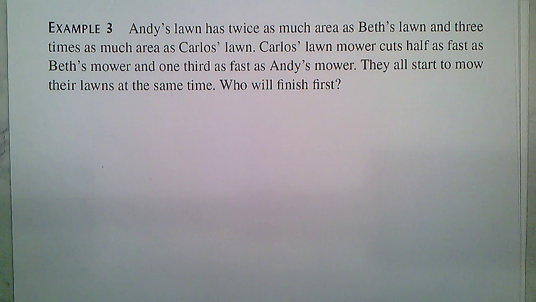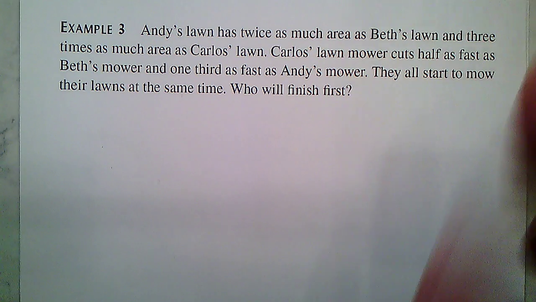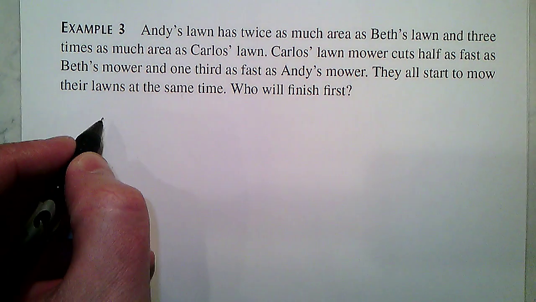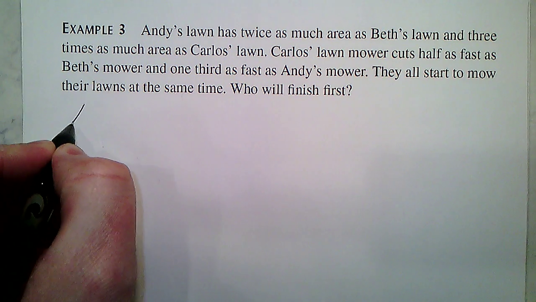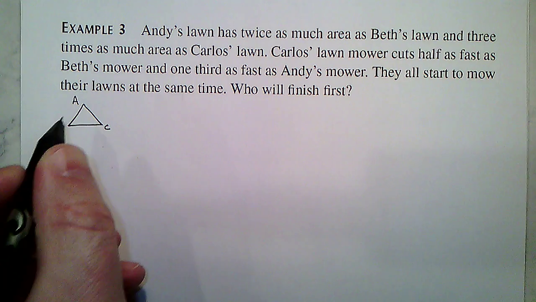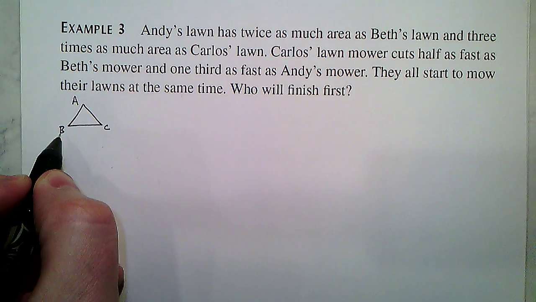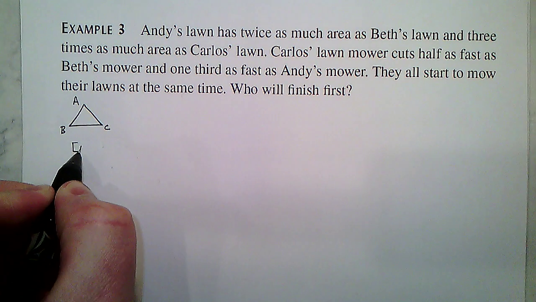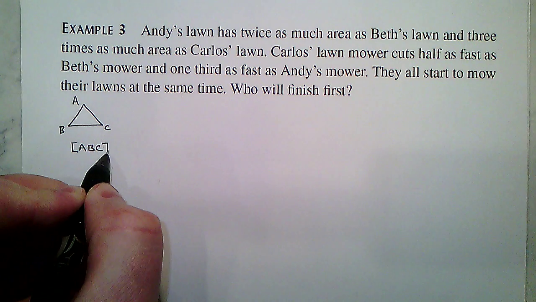Okay, so you're back. Because this problem talks about area, I want to use some notation. You may have seen notation like, if I have a triangle ABC, then one common notation that I like for area is putting things in brackets.